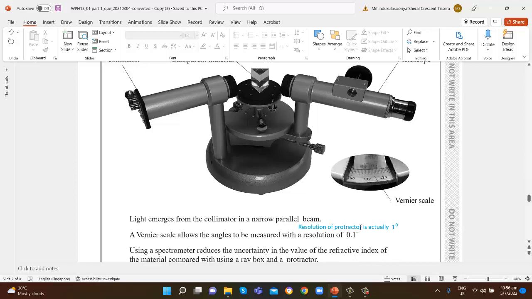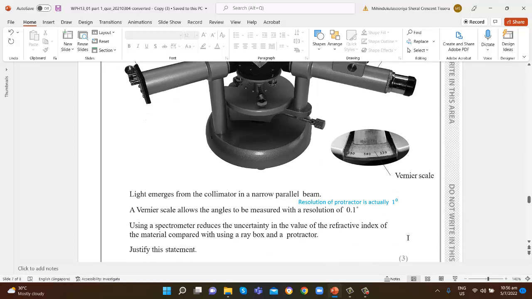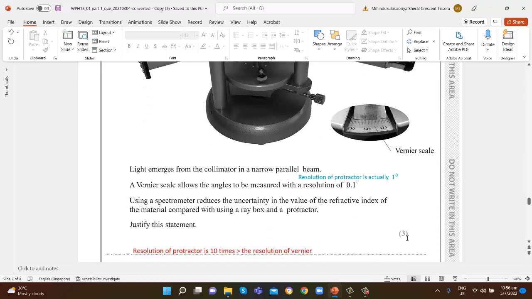So the resolution of the protractor is 10 times that of the vernier. Using a spectrometer reduces the uncertainty in the value of the refractive index of the material compared with using a ray box and a protractor.